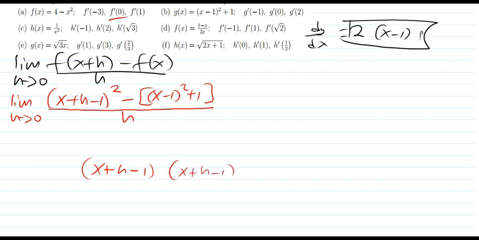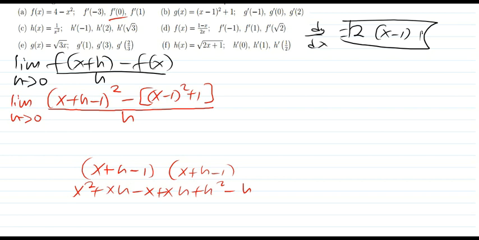I'll start: x times x, I'll have x squared. X times h, I'll have xh. X times negative 1, I'll have negative x. I'm done with x. Let's go to h. H times x, I'll have plus xh. H times h, I'll have h squared. H times negative 1, I'll have negative h.